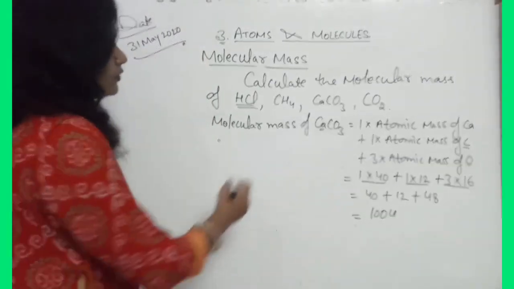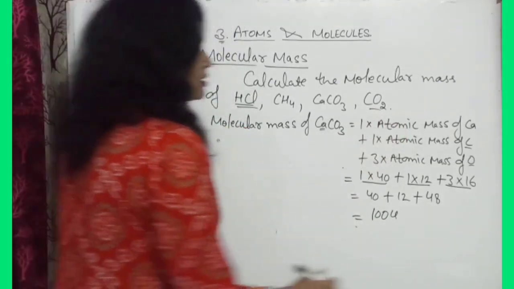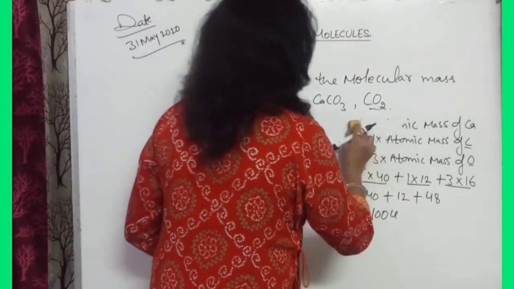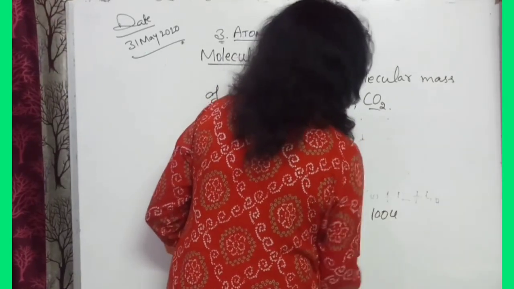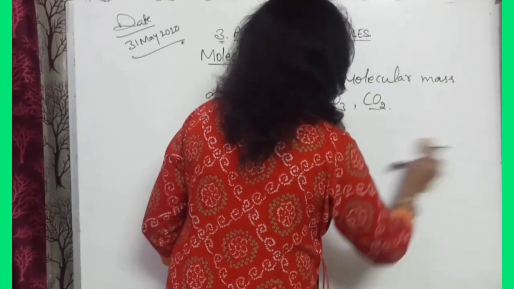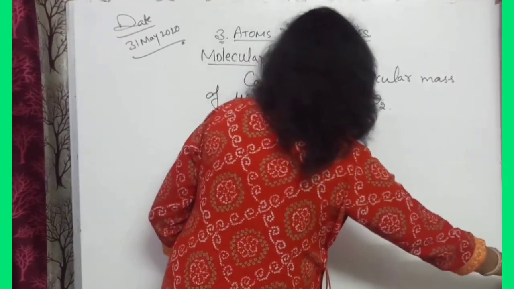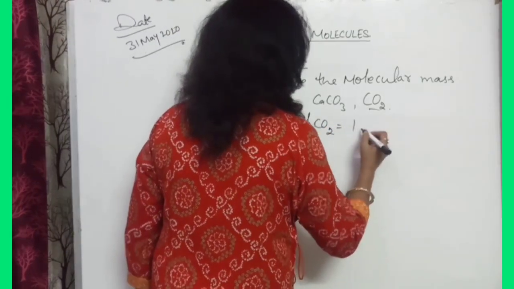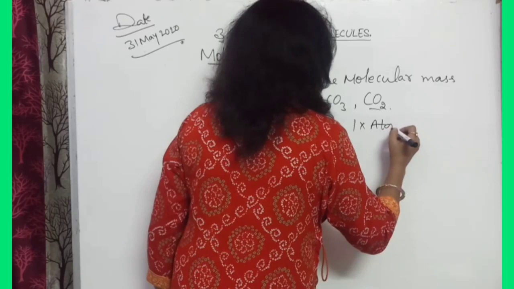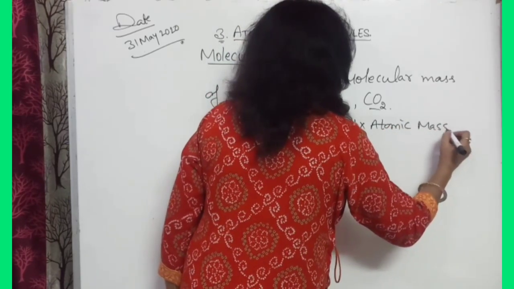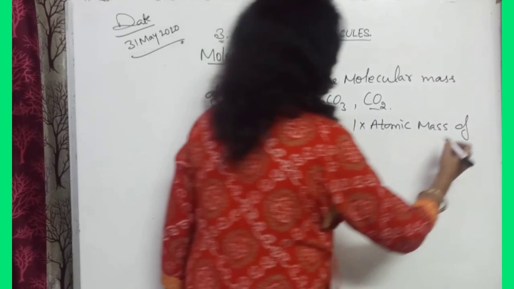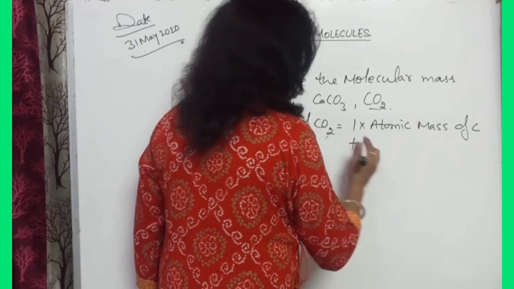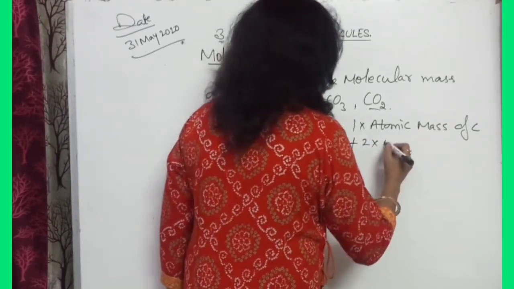Now next we can find the molecular mass of CO2, carbon dioxide. The molecular mass of CO2 equals 1 into the atomic mass of C atom plus 2 into the atomic mass of O atom, since 2 atoms are here.